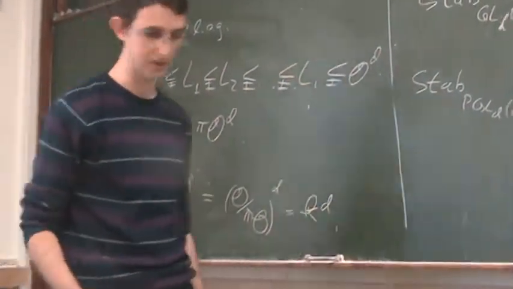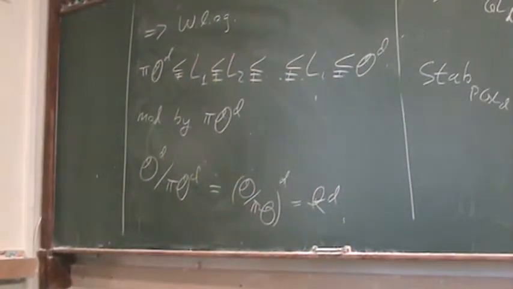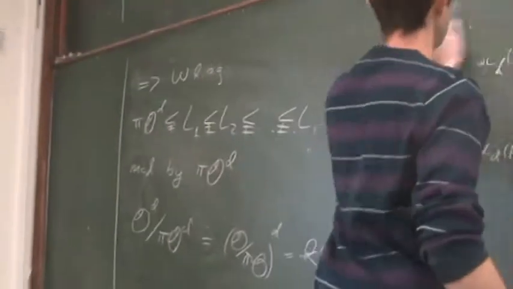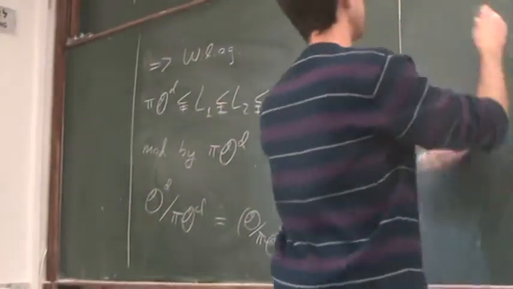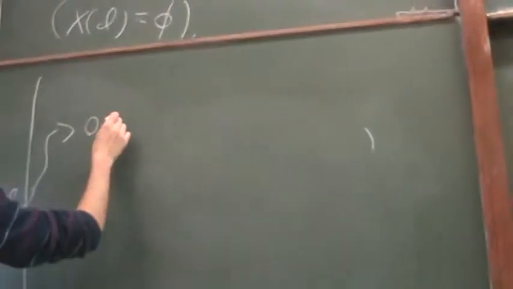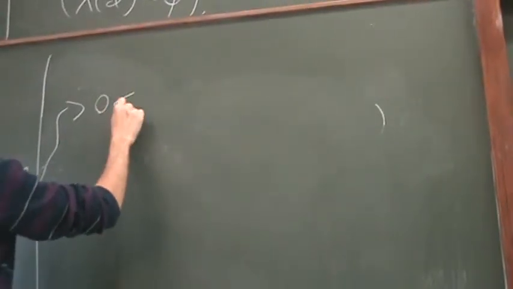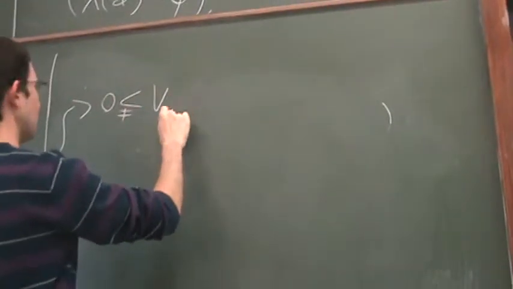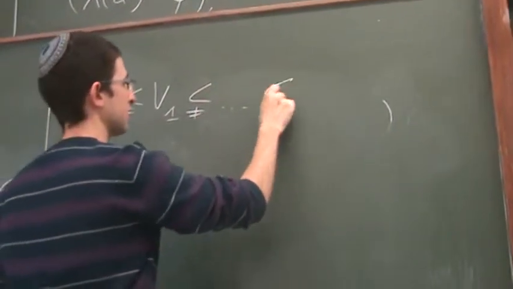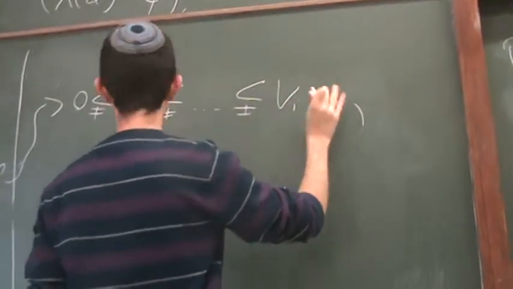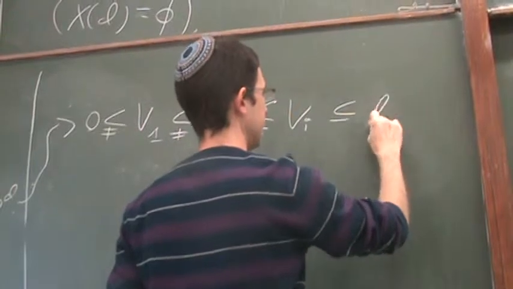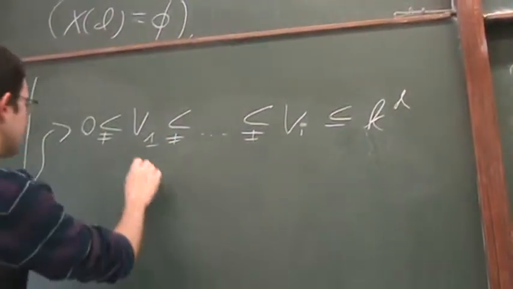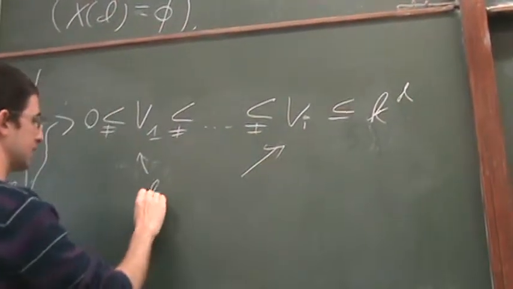So this sequence is nothing but a chain of vector spaces. This is going to be 0, contained in V1, contained in Vi, contained in K. And these are all K vector spaces.